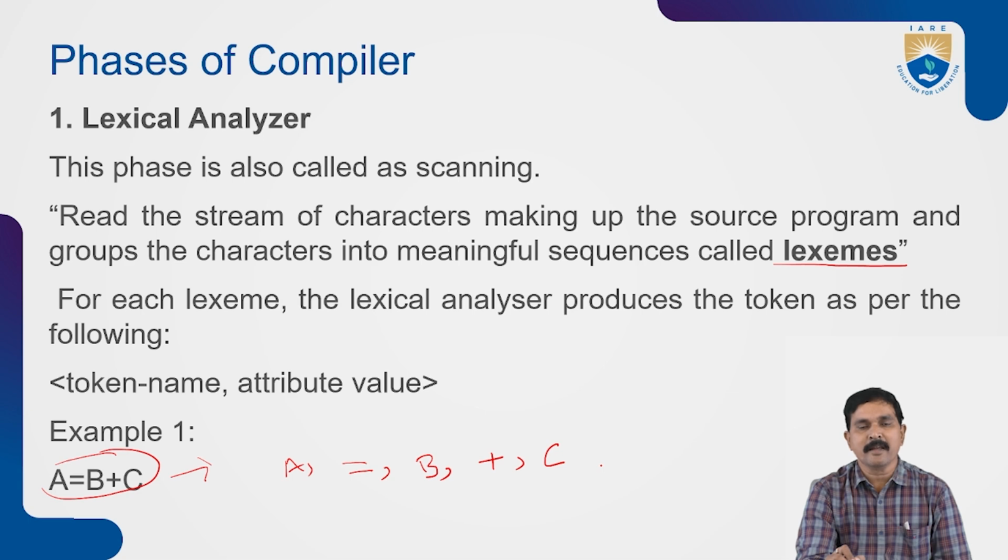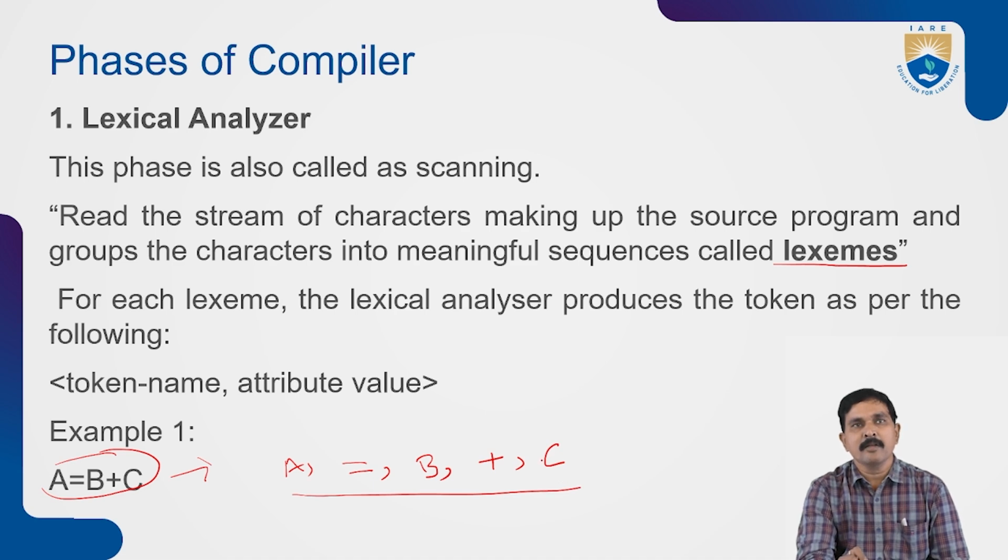The role of the lexical analyzer is to separate the given statement into some number of individual tokens, a number of lexemes. Token is nothing but some individual unit. We try to understand with this example how the lexical analyzer will separate everything.